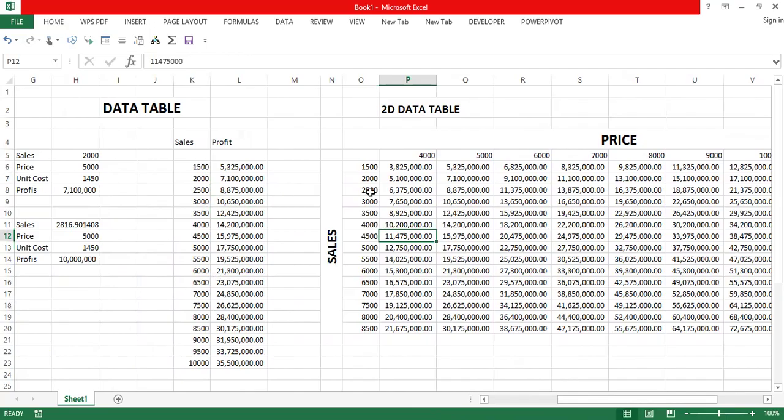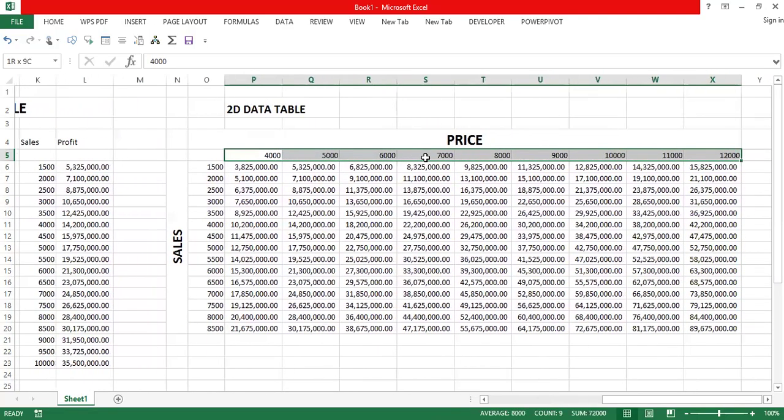For example, we may be using sales and price. These are sales values. These are price values.